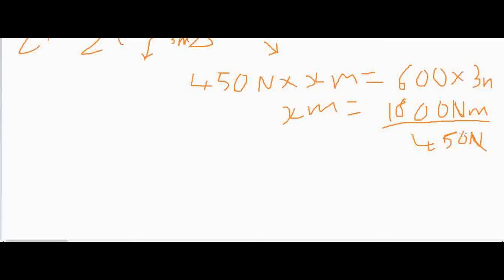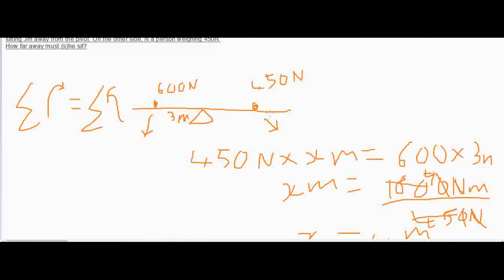Then we could cancel out these zeros. And 45 goes into 180 four times, with 4 there. And so x meters is equal to 4 meters. Therefore, for this system to be fully balanced, person B must be 4 meters away from the pivot.